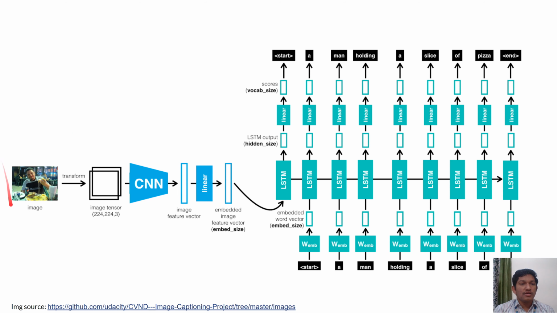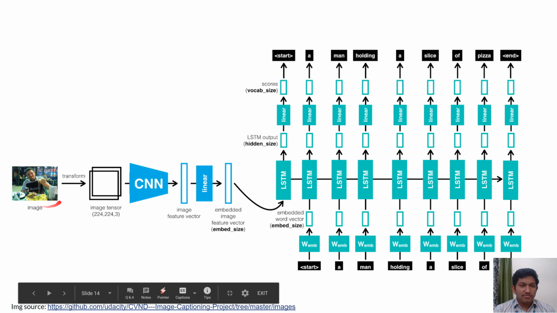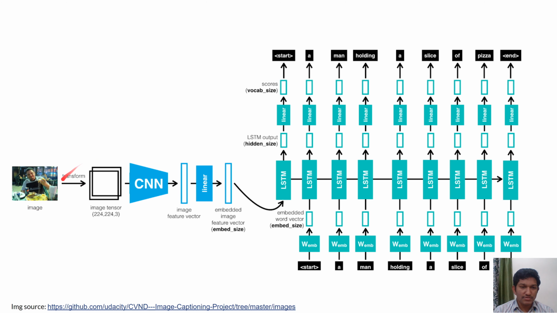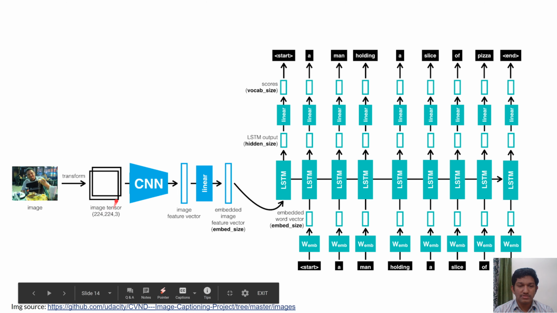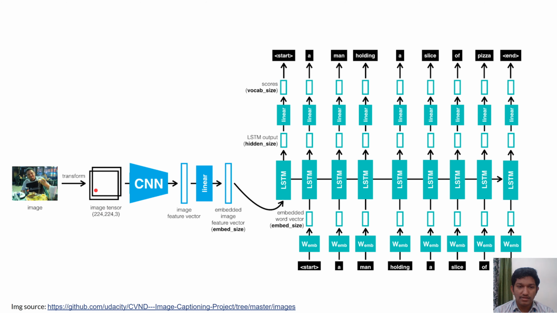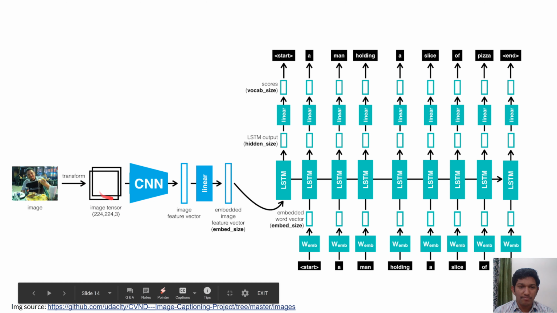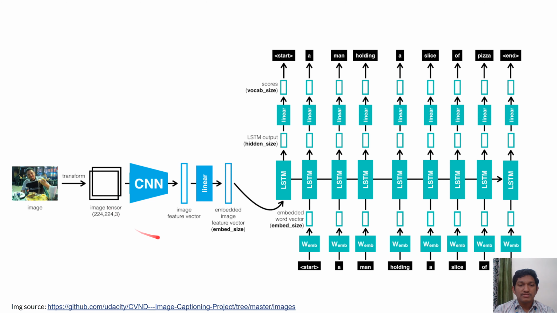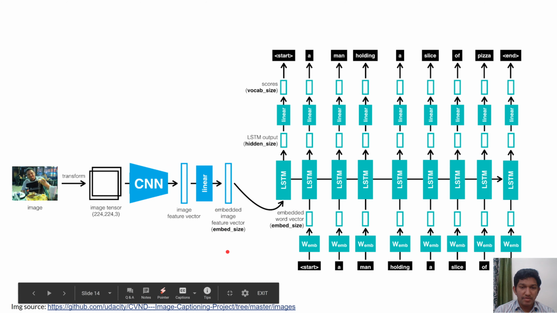It is the same type of architecture which we use. First, it takes an image and it is transformed into a 224 x 224 x 3 size tensor. Various transforms are applied on it to form the tensor. This tensor is given as an input to our convolutional neural network, which provides an embedded image vector.